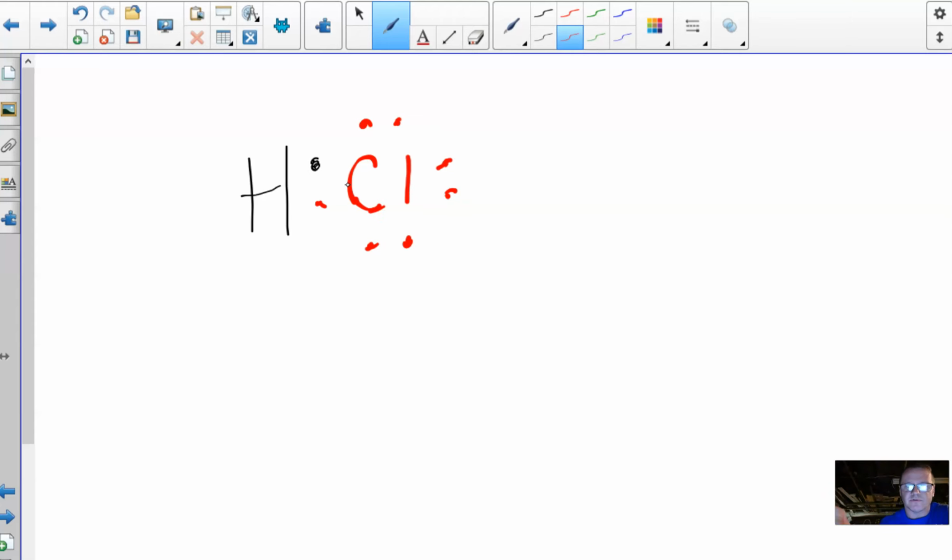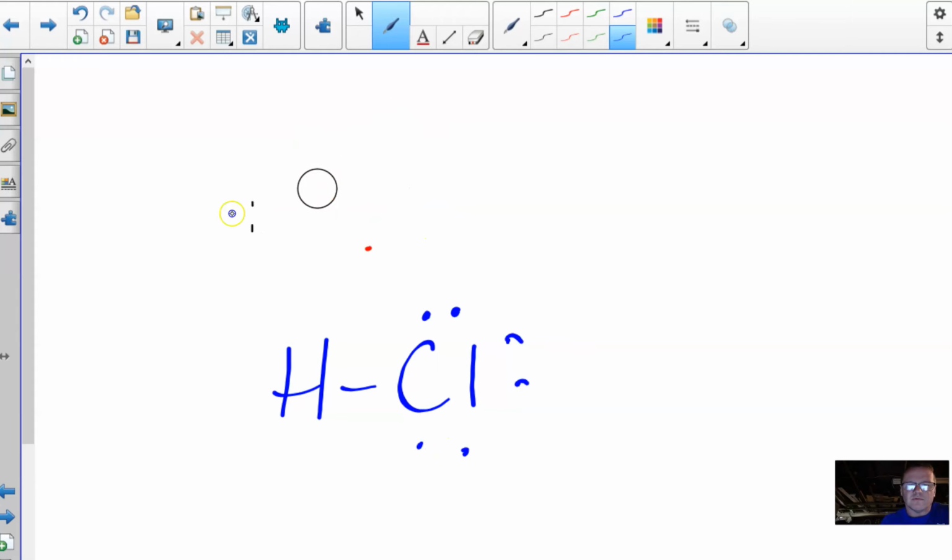That is the Lewis structure there, and you guys have drawn those like that. Now, when we look at that compound, everybody is technically happy. Hydrogen needs 2, it's got 2. Chlorine needs 8, and it's got its 8, and it's happy.